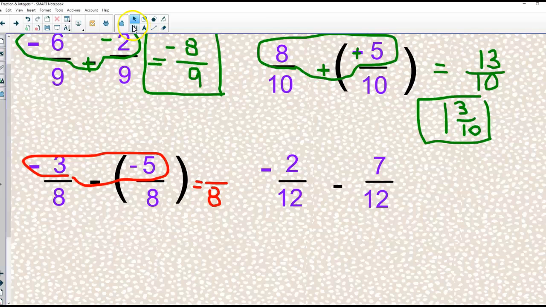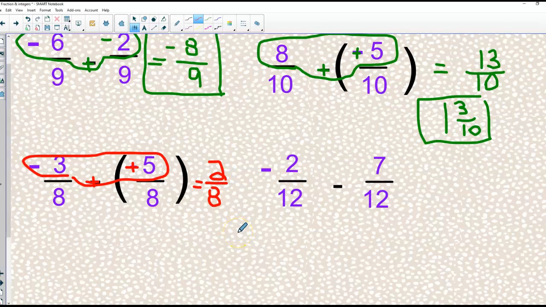Okay, so because it is subtraction, I need to do leave, change, opposite. Leave this alone, change to addition, and this one becomes its opposite. Opposite of negative 5 is positive 5. So your problem is negative 3 plus positive 5, which would be a positive 2.